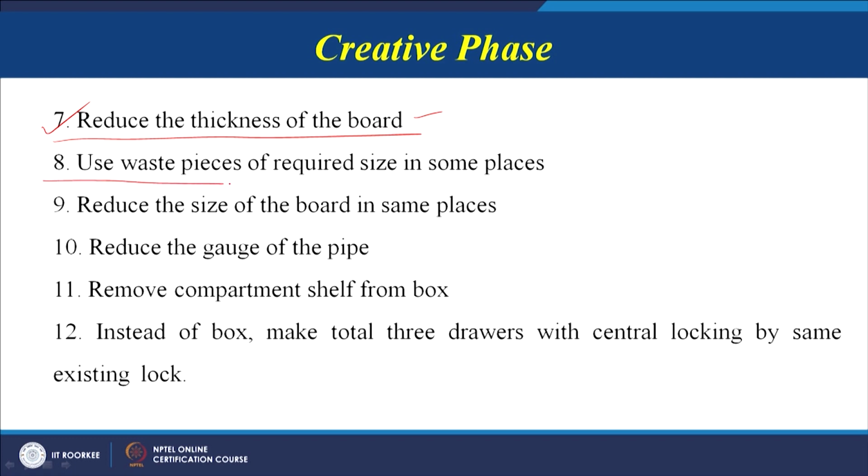Then use waste pieces of required size in some places. So, if you go back, I will not go back because of the paucity of time, but we have seen in our flow process chart there were some waste pieces being generated which were being sent back to the scrap yard.